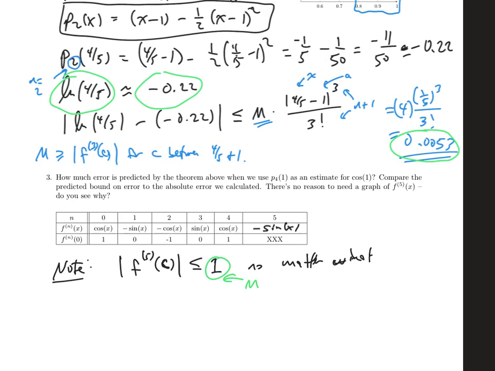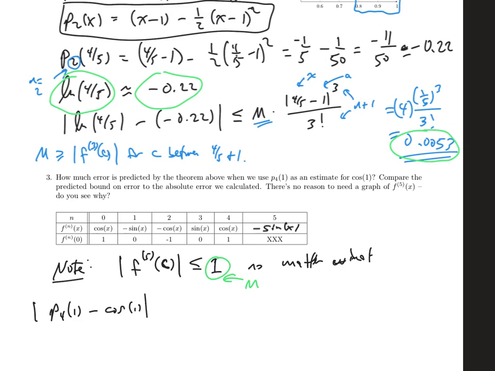So m equals 1 might be overstating the error a little bit. But again, it's supposed to be an upper bound on the error. So it's fine. If you write something down that's bigger than it needs to be, that still is an upper bound on the error.